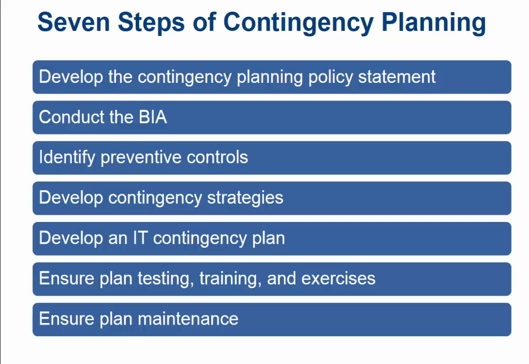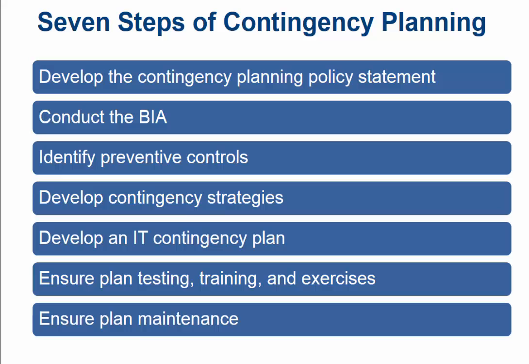Similarly, if you've already completed a risk assessment, you can use that data to help with the BIA. One of the first steps in a risk analysis is to identify the assets. This helps you identify the assets that are critical to the organization.